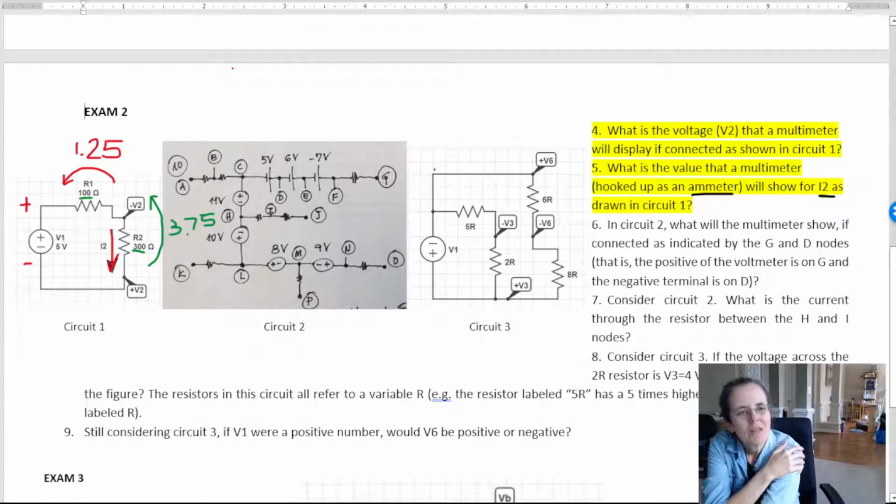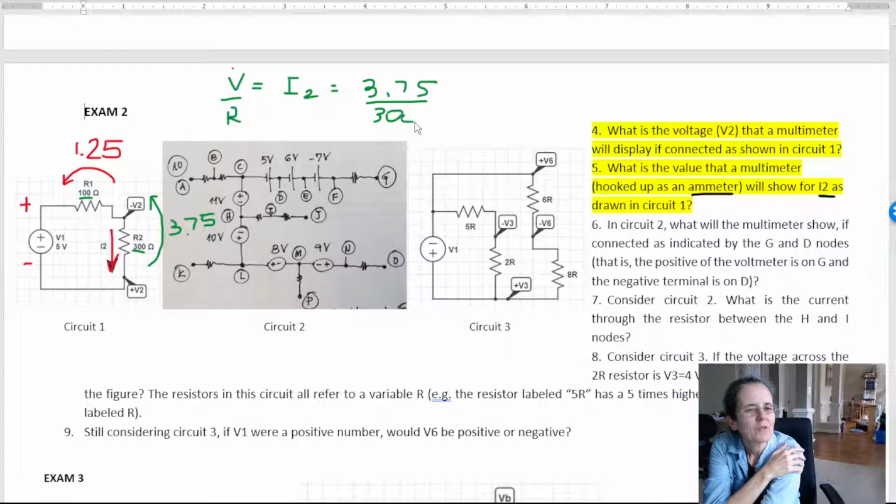And now you can absolutely use Ohm's law and say, V equals IR, and therefore V divided by R is that current I2, and it's in the right direction. So I2 will be 375 divided by 300.